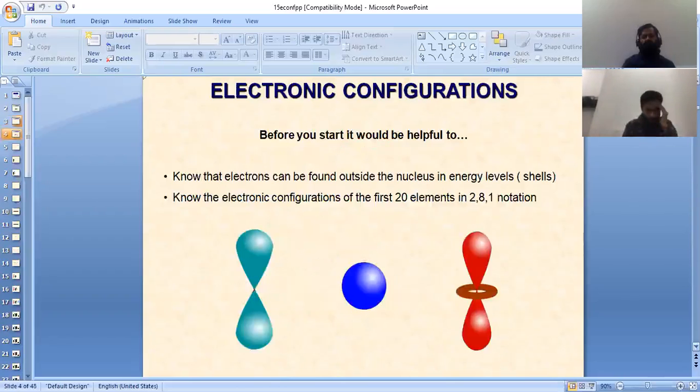So before you start, it will be helpful to know that electrons can be found outside the nucleus in their particular energy levels called shells. Keep in mind, electrons are always revolving around the nucleus in their particular shells or levels, and particular subshells are also there.